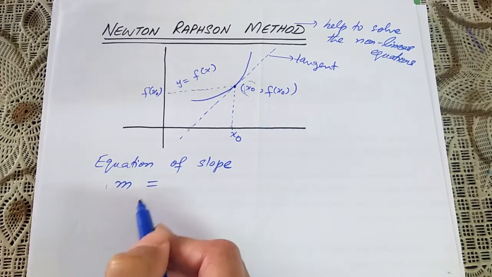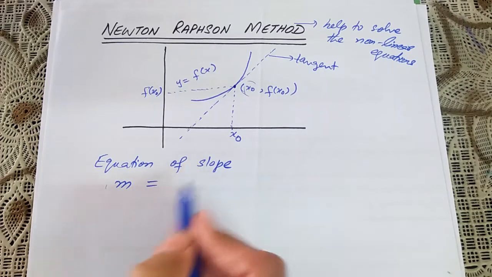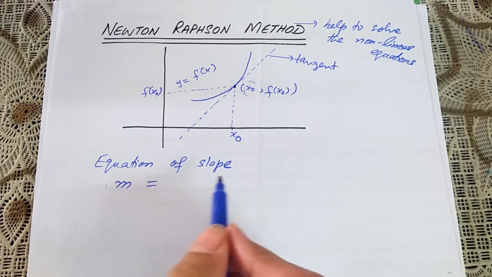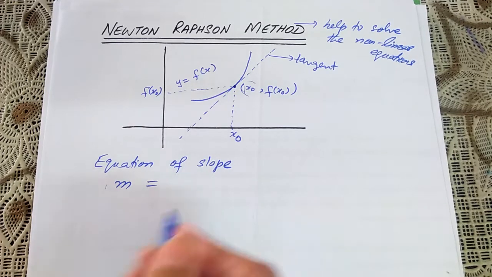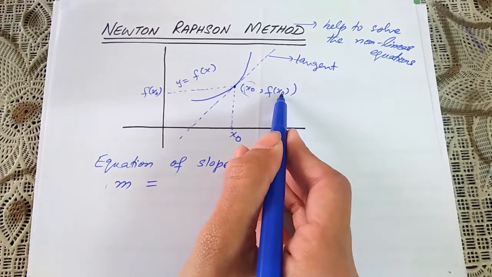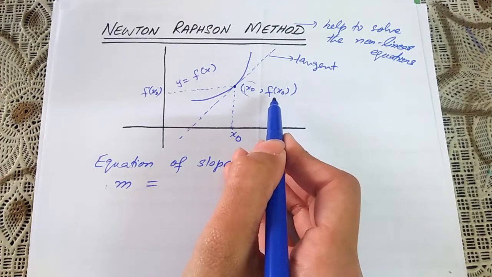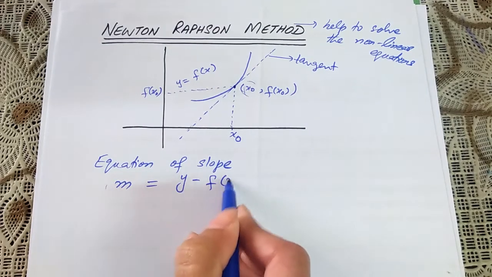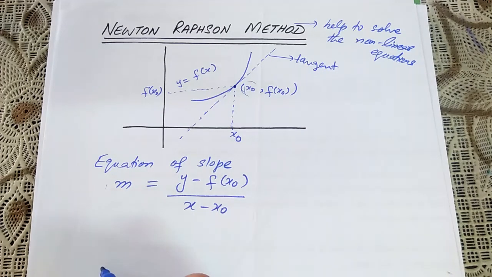Slope is always equal to change in y coordinates divided by change in x coordinates. In the y coordinate, this point is f of x0, the final point, and the starting point will be considered as y, or f of x. So change in y coordinate will be y minus f of x0, divided by change in x coordinate, x minus x0.